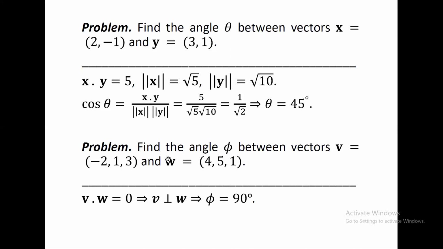If we take the dot product of this, minus 2 into 4 is minus 8, 1 into 5 is plus 5, 3 into 1 is plus 3. If you add all those three things, you'll get a dot product equal to 0, and hence v dot w is equal to 0, then we'll get cos of theta is equal to 0, and theta will be equal to 90 degrees.